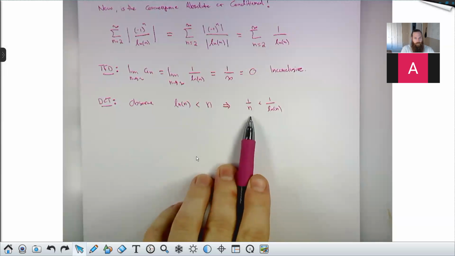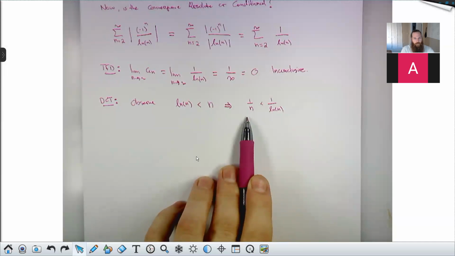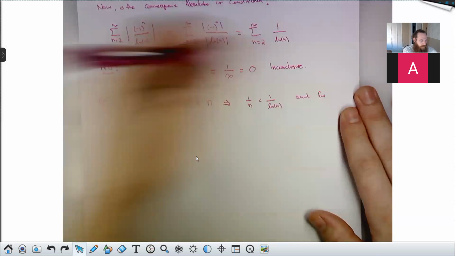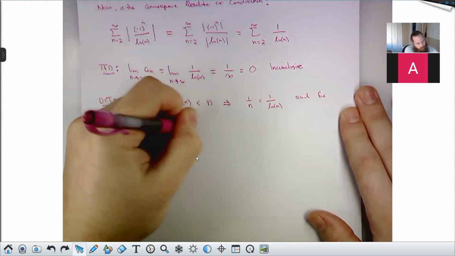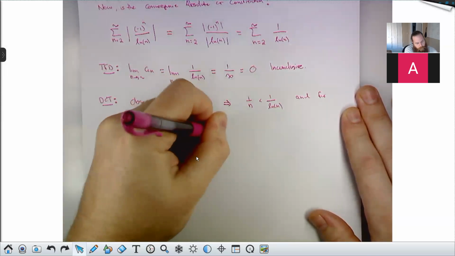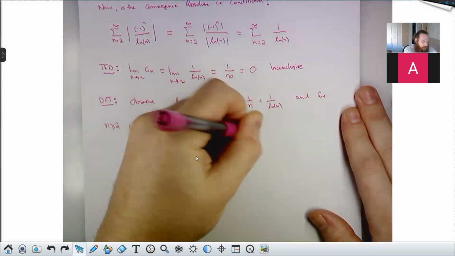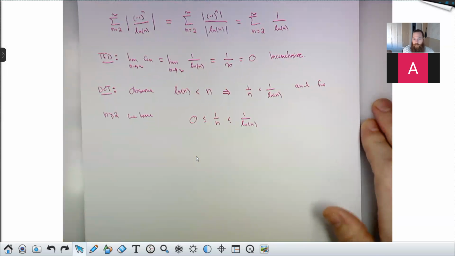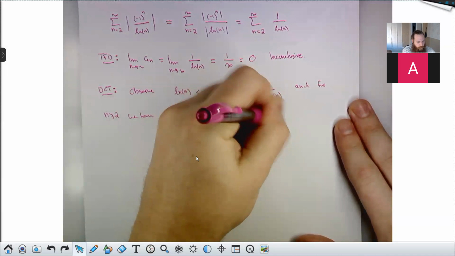Bigger denominator, smaller overall, right? Or if the denominator of 1 over log n is smaller, then it will be bigger overall than 1 over n. And for n greater than or equal to 2, we have 0 is less than or equal to 1 over n is less than, it's actually strictly less than, 1 over the natural log of n, which is precisely the kind of inequality I need to get the divergence result from direct comparison test. I'll call this inequality star.